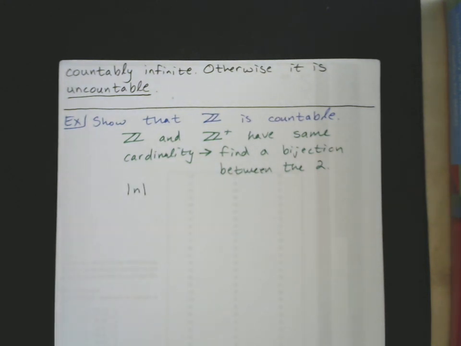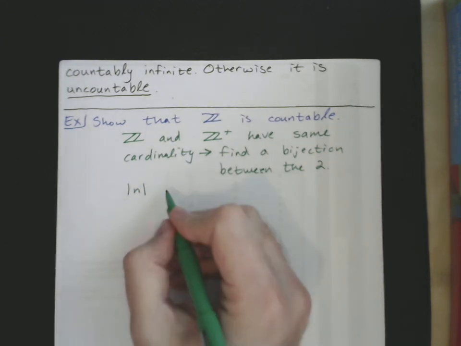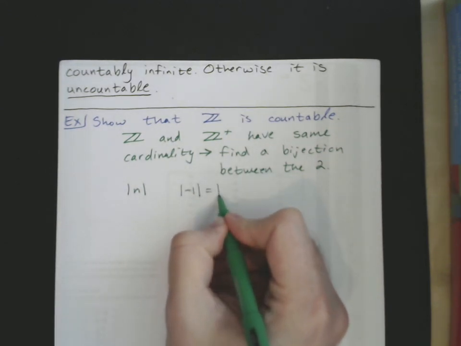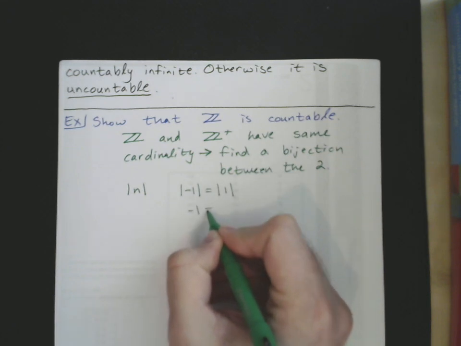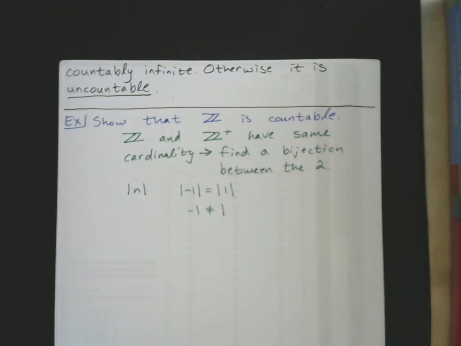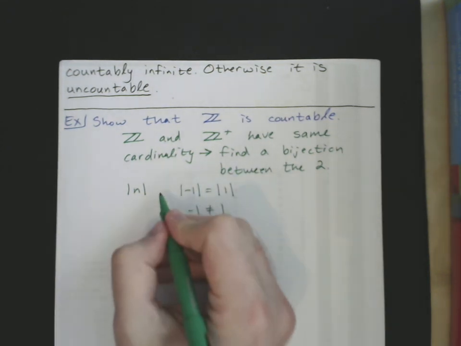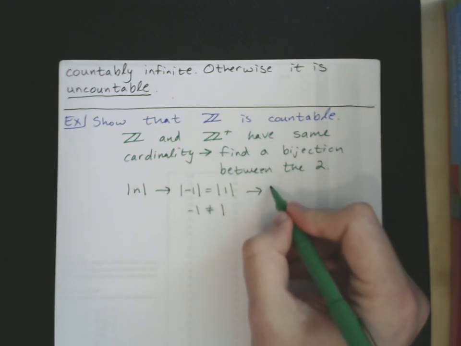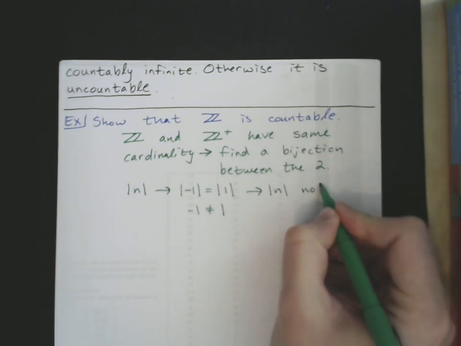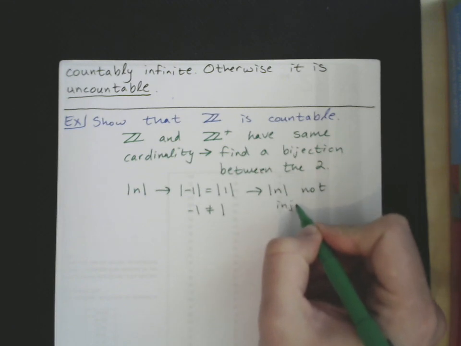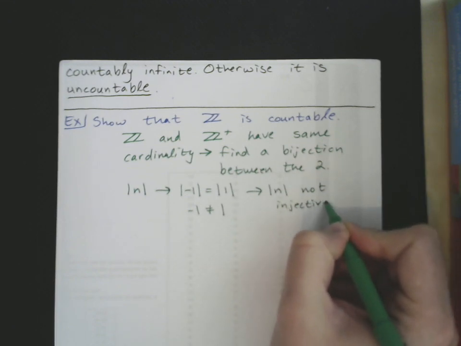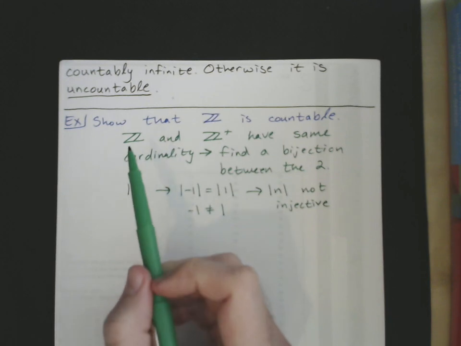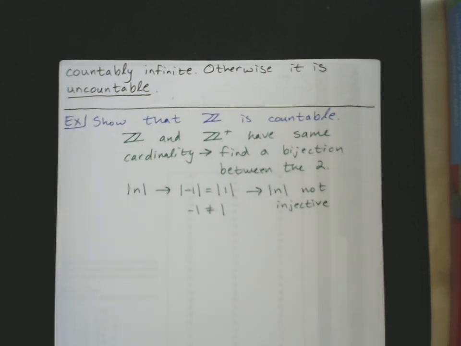The problem with the absolute value of n is that the absolute value of -1 equals the absolute value of 1, and -1 does not equal 1. Which means that the absolute value of n is not injective. So while we do have a mapping from the integers to the positive integers, we do not have a bijection using the absolute value of n.